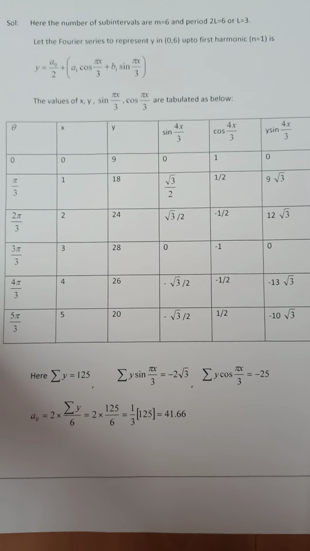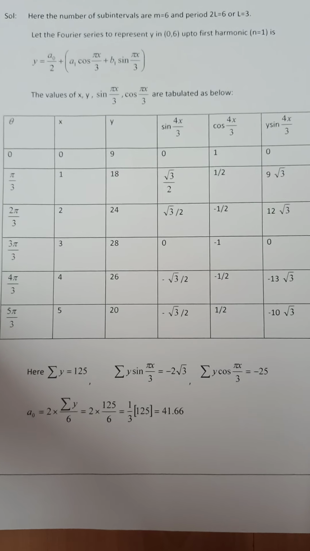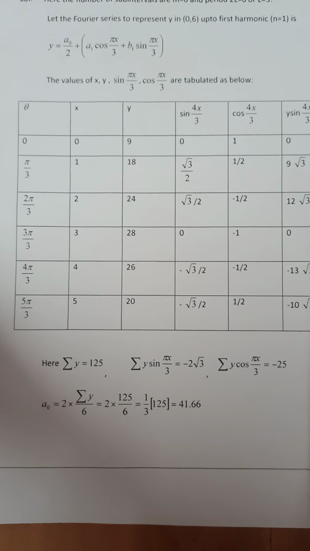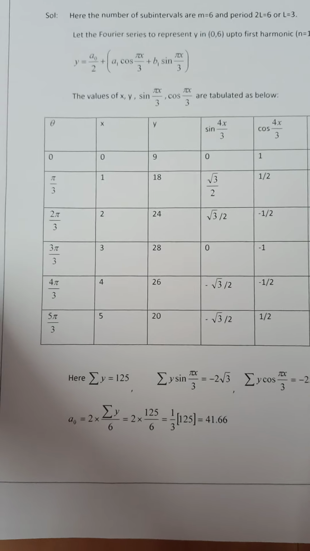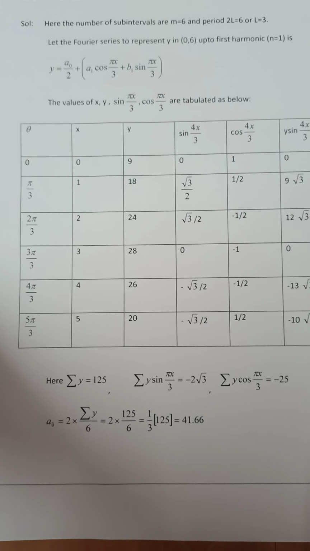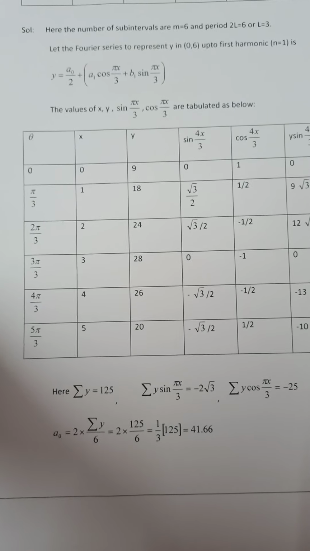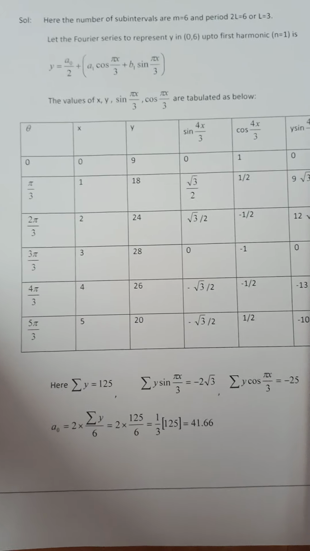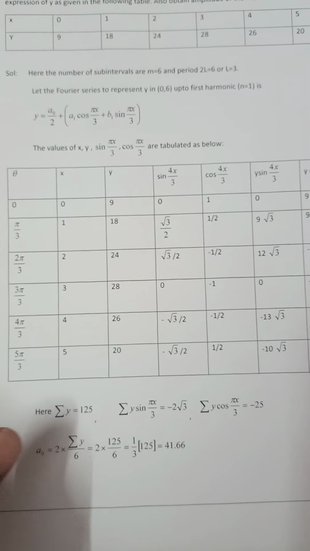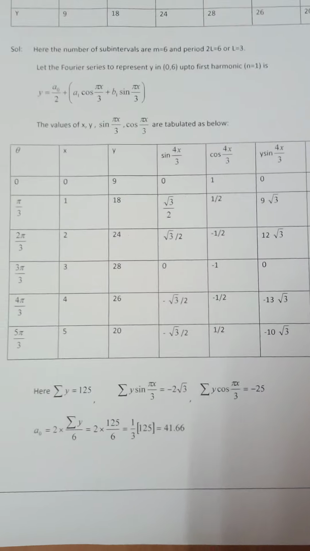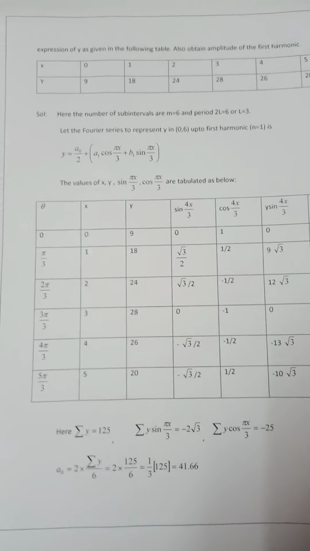In this way you get a0, which is 2 into the summation of y upon 6, that is 2 into 125 upon 6, which equals 41.66. This is the value of a0.